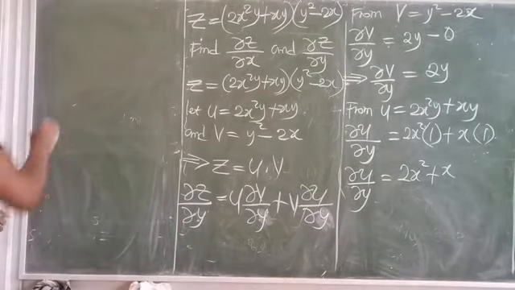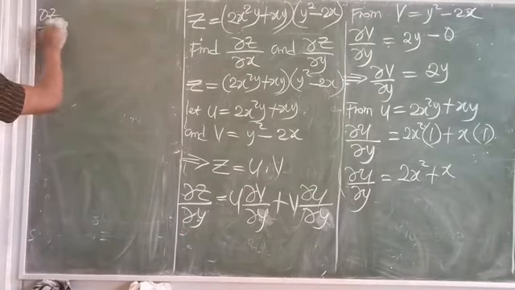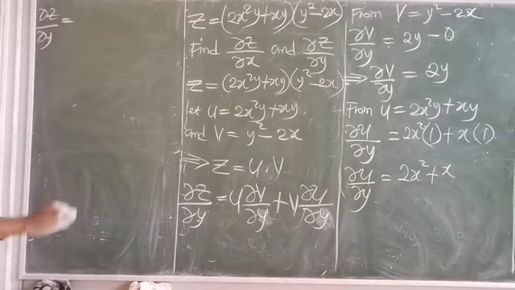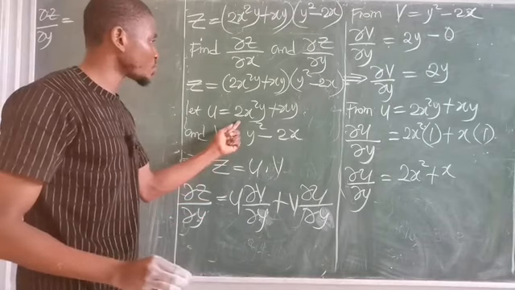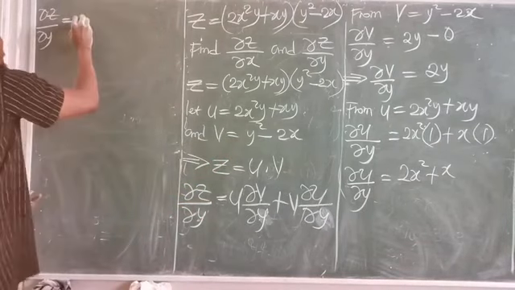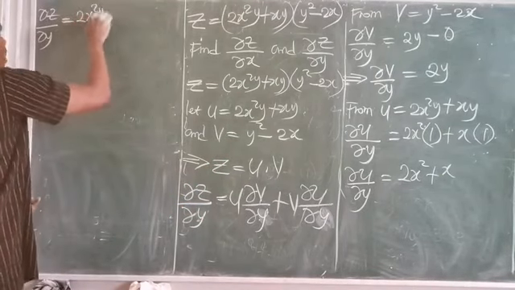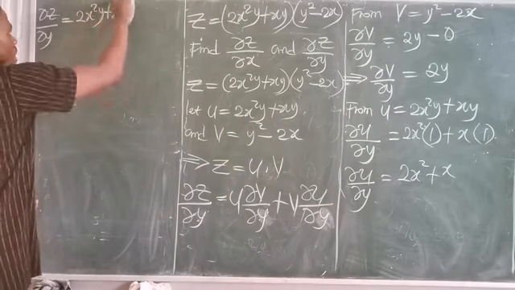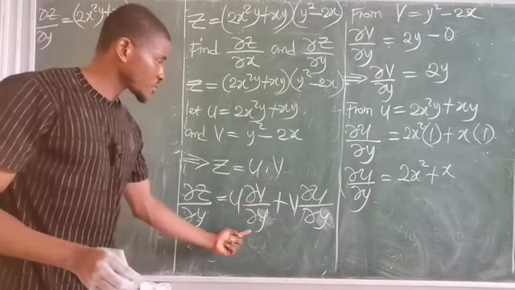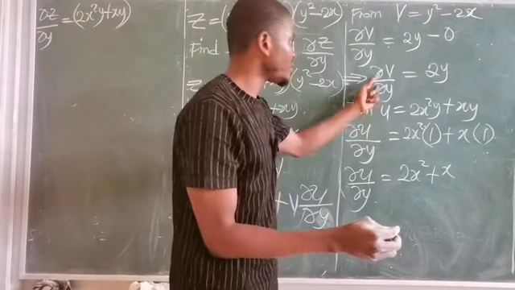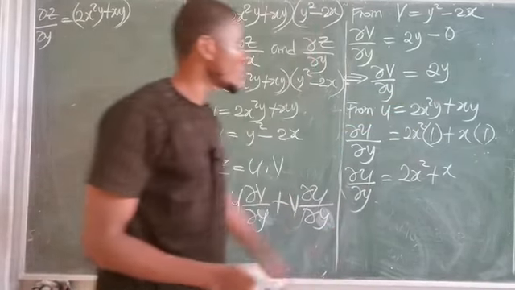Alright, so the partial derivative of z with respect to y is now equal to, from the law, keep u constant, and u is simply 2x squared y plus xy. So you simply have 2x squared y plus xy, then multiply by the derivative of v with respect to y, and partial v partial y gave us simply 2y.